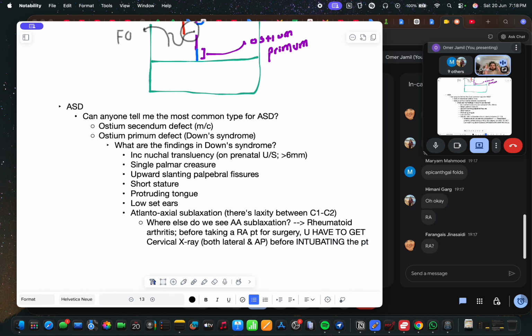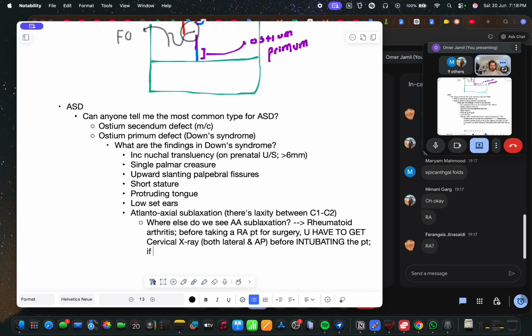So why do we do this? Atlantoaxial subluxation basically means there's laxity between C1 and C2. Have you guys ever seen how we intubate a patient? You're going to completely extend the neck like this. There's always laxity between these two. If you overextend it, you can compress and crush the cervical spinal cord, and the patient is going to have quadriplegia for the rest of their life.